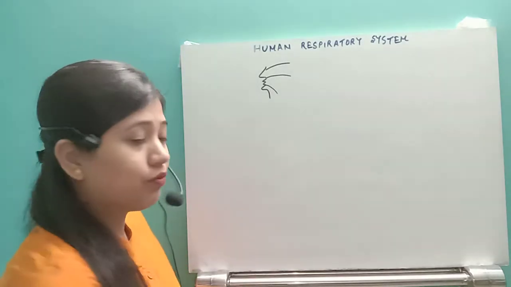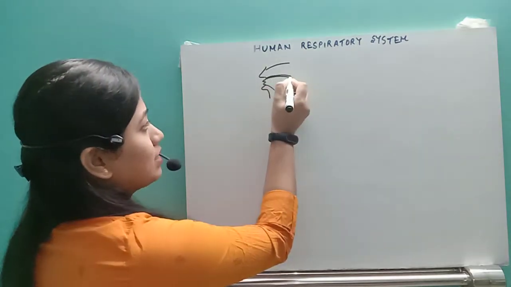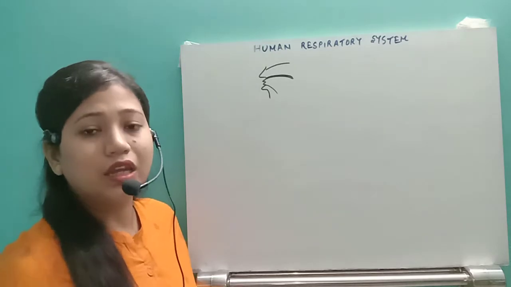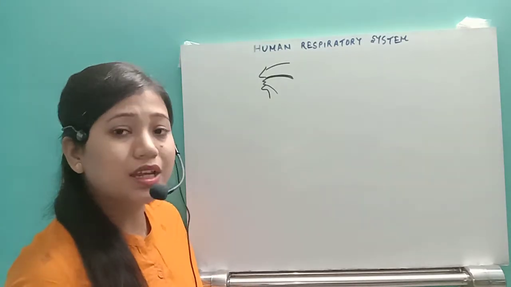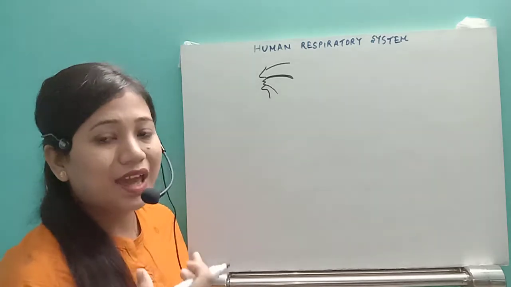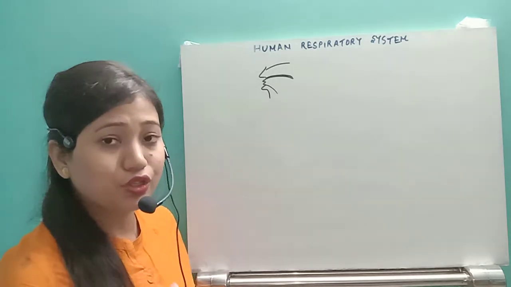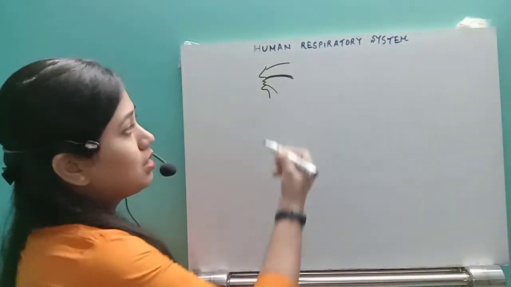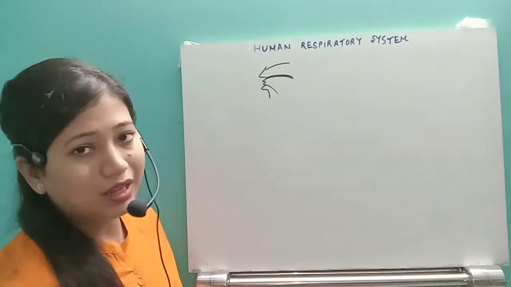It's a bone. What is that? That is called the palatine bone. In the earlier chapter, when we discussed the buccal cavity, I already told you that the roof of the buccal cavity has the palatine bone. So that palatine bone separates the nasal chamber from the buccal chamber.